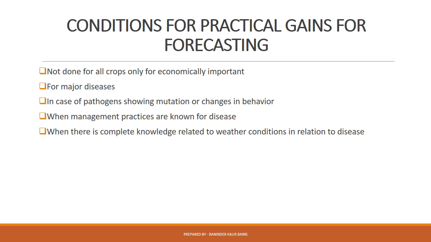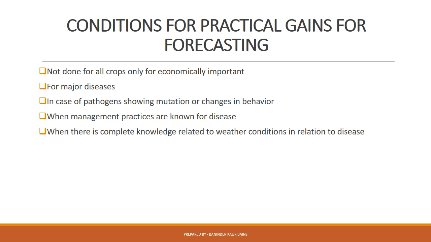They can spread in a very short period of time, and it is always the chances are higher that disease will spread. So for major diseases. Then in case of pathogens showing mutation or changes in behavior, means a pathogen which changes its behavior in a very short period of time. For those also we do the forecast.